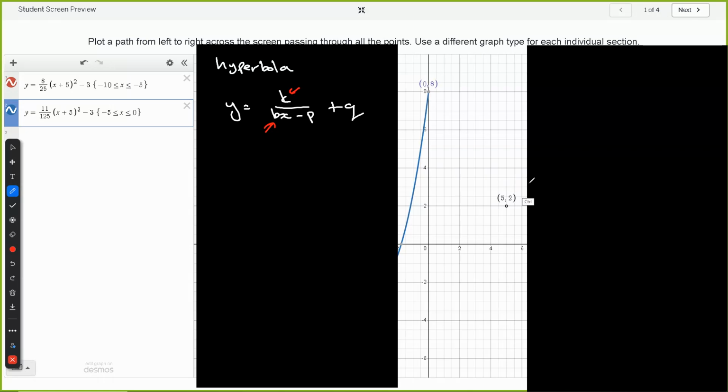And I have two points that I need it to go through. If I stick with this equation, the first thing I need to do is identify what my asymptotes would be.